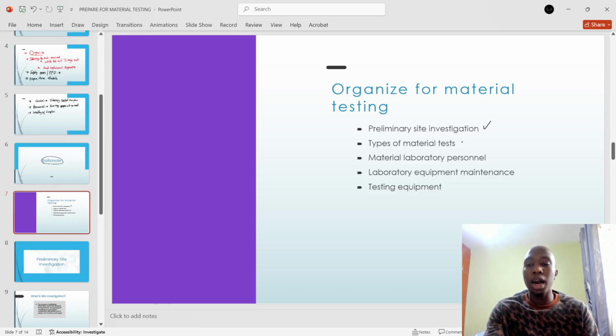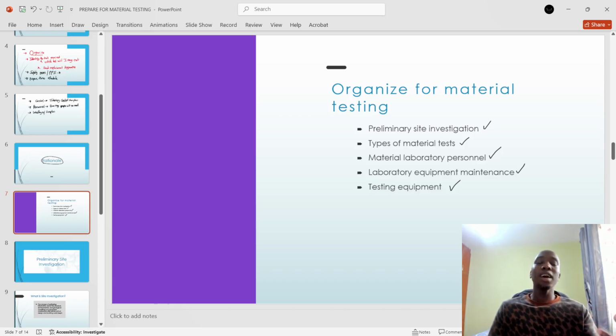We'll also look at types of material tests, material laboratory personnel, laboratory equipment maintenance, and testing equipment. Which equipment is available for testing? These are some of the things that you need to know.